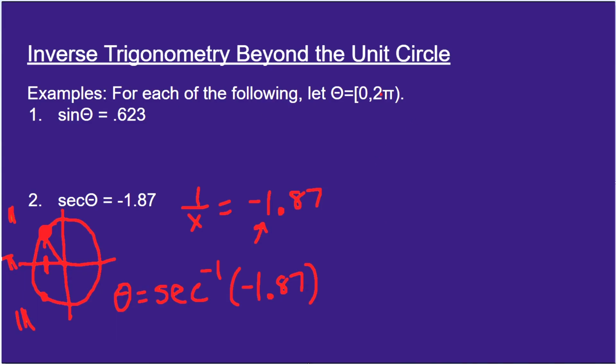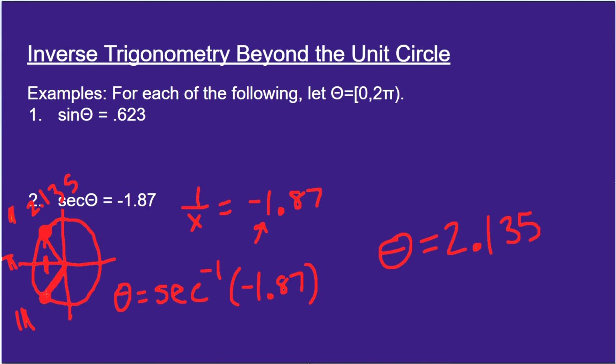So I have that theta should equal 2.135. Now, that's going to be my first angle here. This is the 2.135 one. How do I find this guy over here?